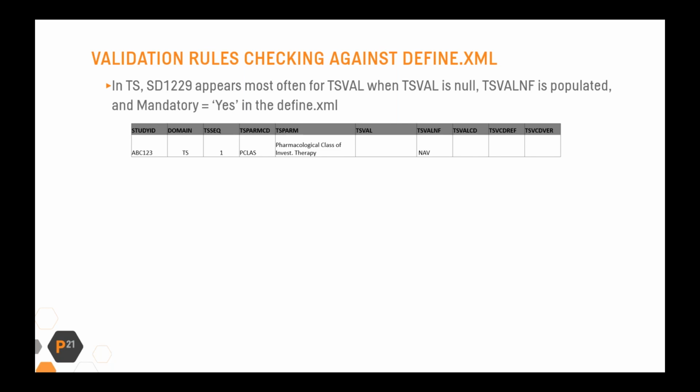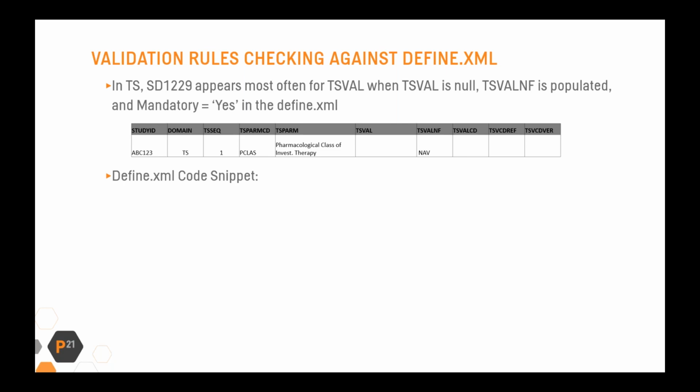So here's a snippet from the trial summary dataset for a pharmacological class. Sometimes if you have a new class of drugs, it might not be present in the medRT dictionary. And so in that case, we leave TS-val null, and then we populate TS-val null flavor as NAV or not available.